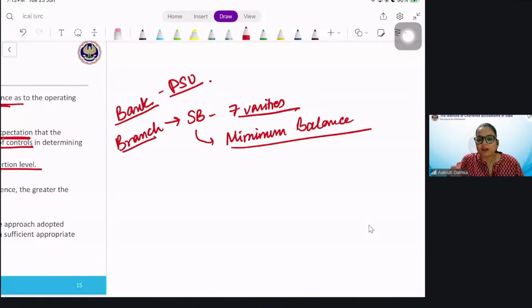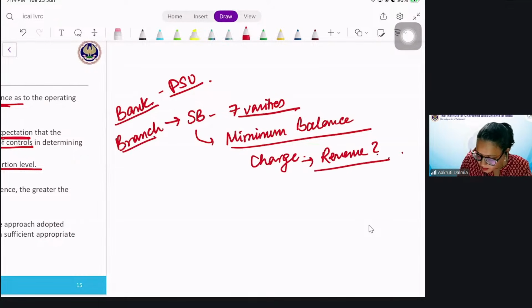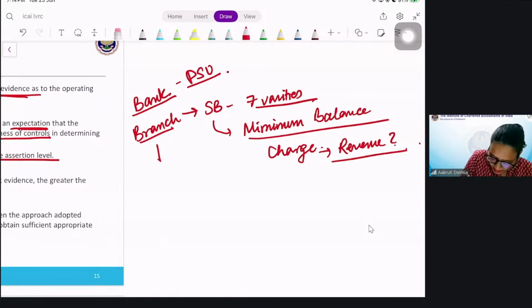If your balance goes below 1,000 rupees, in some it is 10,000 rupees, like that. So the minimum balance charge is there. Is this a revenue for the bank? Yes. Let's say this branch has 75,000 customers.